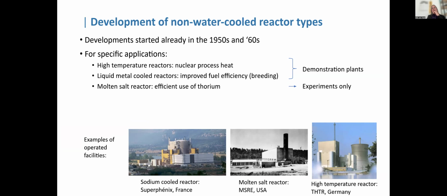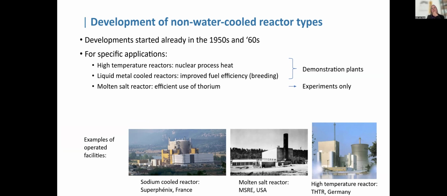So this development of the non-water-cooled reactor types, well, they are not new. They are not inventions of these startups. These developments started already in the 1950s and 60s. They're for specific applications. The high-temperature reactors were for the demand of nuclear process heat, besides the electricity. Liquid metal-cooled reactors have a much improved fuel efficiency, the so-called breeding.